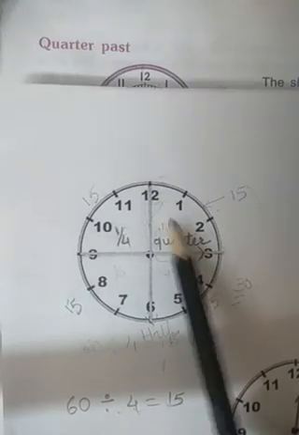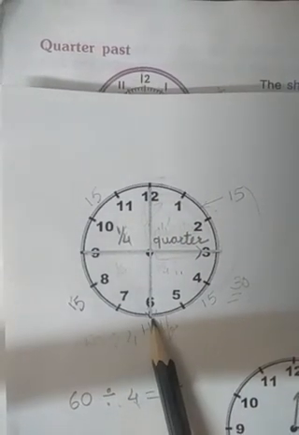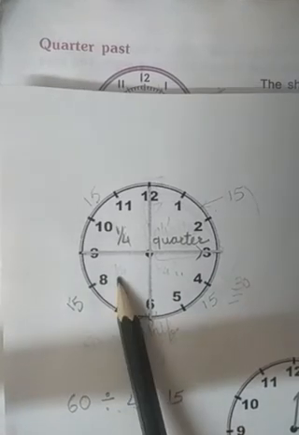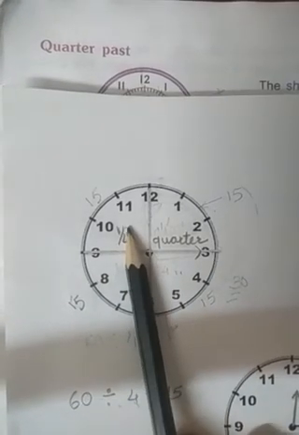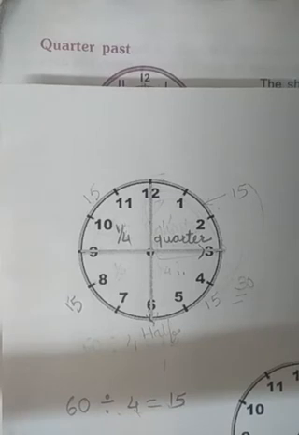One quarter 15 minutes, 15 minutes, 30 minutes. So the half position is 30 minutes, and then again 15 minutes, again 15 minutes. So dear students, in a quarter hour, that is 15 minutes, the minute hand moves one quarter of the face.